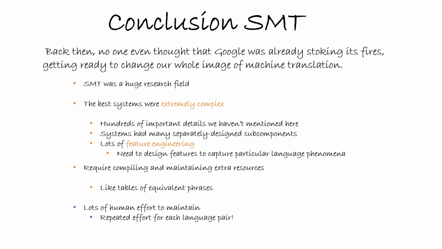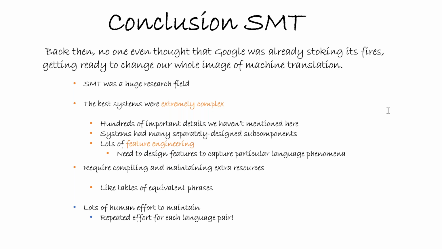Systems had many separately designed subcomponents and lots of feature engineering, needing to design features to capture particular language phenomena. They required compiling and maintaining extra resources like tables of equivalent phrases. These were extra tasks to be done with SMT, with a lot of human effort to maintain, basically repeated effort for each language pair.